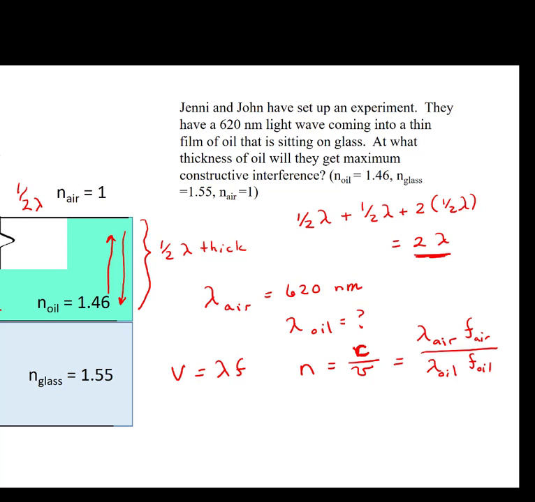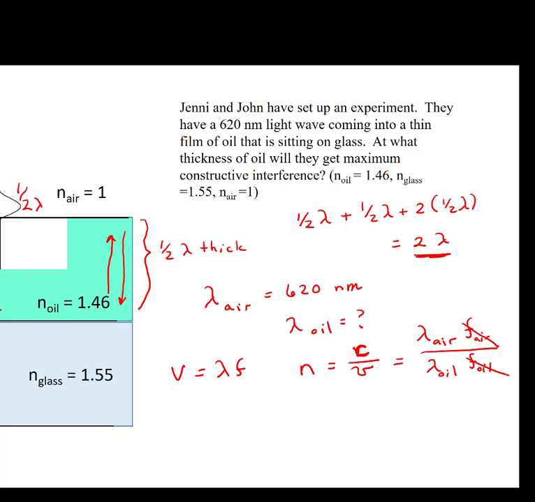And v, the speed of light in the oil, is the wavelength of the light in the oil times the frequency of the light in the oil. But frequency never changes, so the frequency in air is the same as the frequency in oil, which means we can cancel it out.